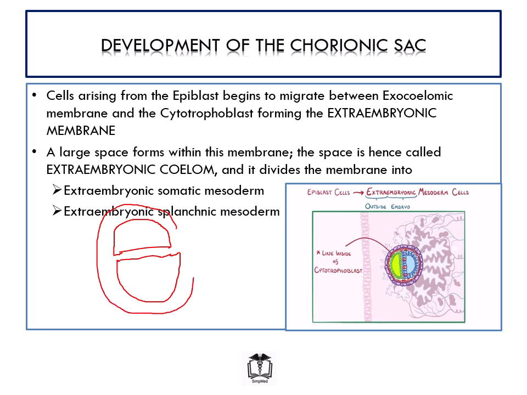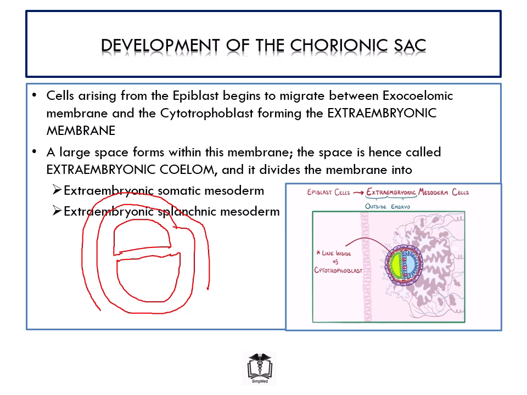The trophoblast now surrounds the embryoblast completely, and that's a major part of the contact with the uterine wall. Now, around the second week, cells from the epiblast migrate out between the extracoelomic membrane, the yolk sac and the amnion, and the cytotrophoblast.